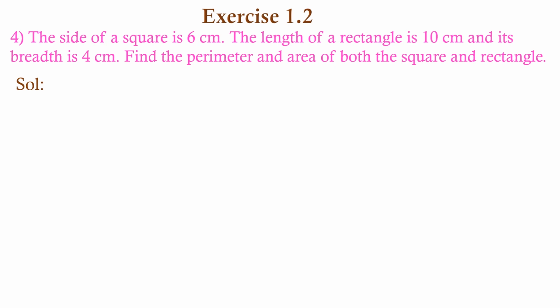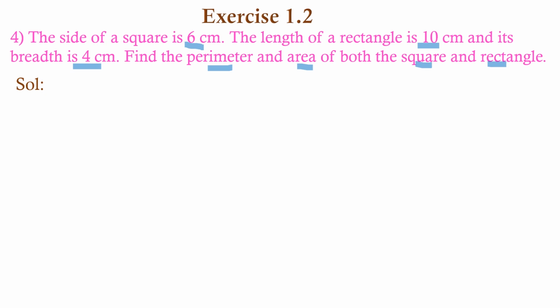Fourth sum. The side of a square is 6 cm. The length of a rectangle is 10 cm and its breadth is 4 cm. Find the perimeter and area of both the square and rectangle.